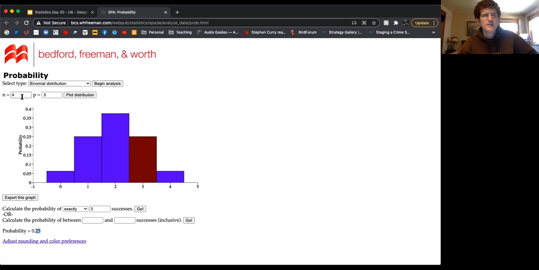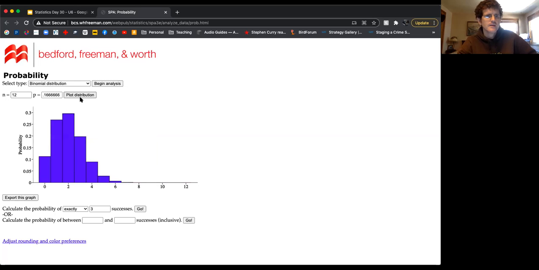Now, here's another scenario, if you can follow along with this. Imagine I give you 12 dice, and I said I would give you some money, however much, if you could get 3 6s. It always comes back to gambling in this class, I guess. So if I give you 12 dice, what's the probability of getting a 6 on a die? Well, it's 1 in 6, which is 0.166, repeating. So there's your probability of a success.